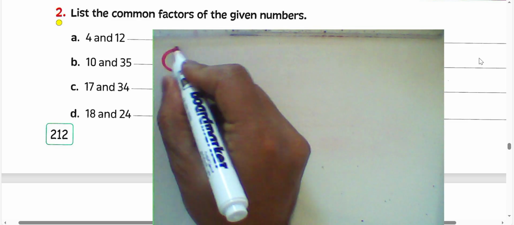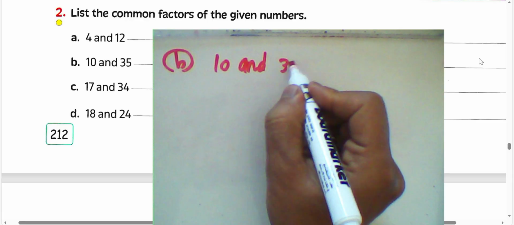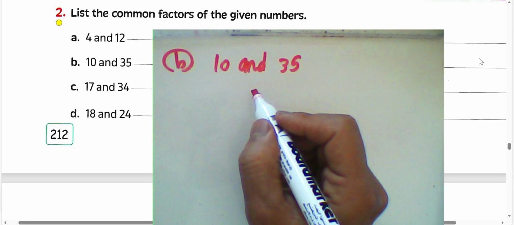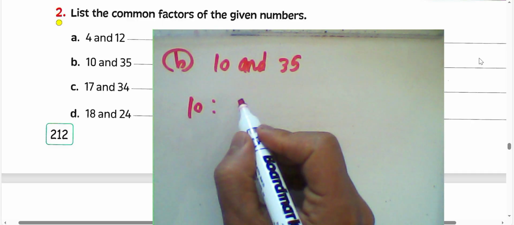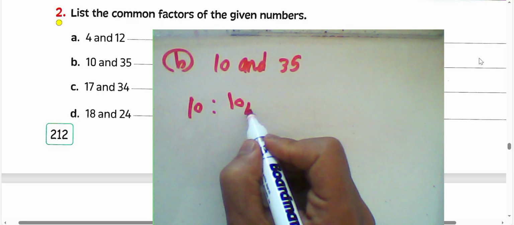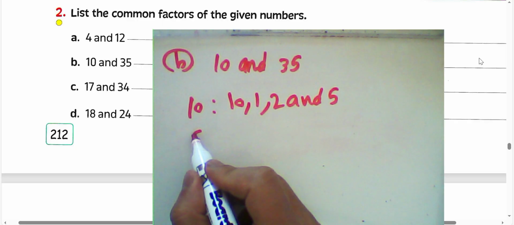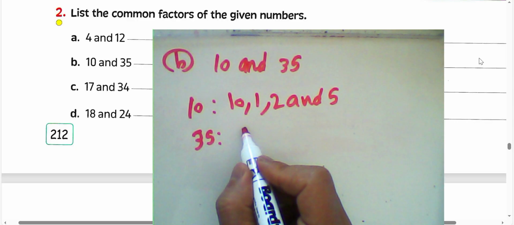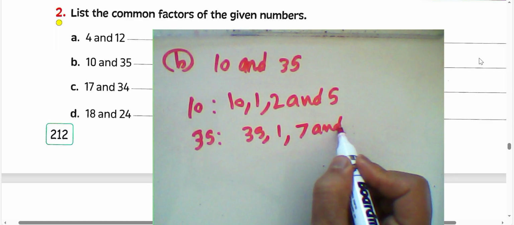Question letter B. 10 and 35. Factors of 10: 10, 1, 2 and 5. Factors of 35: 35, 1, 7 and 5.